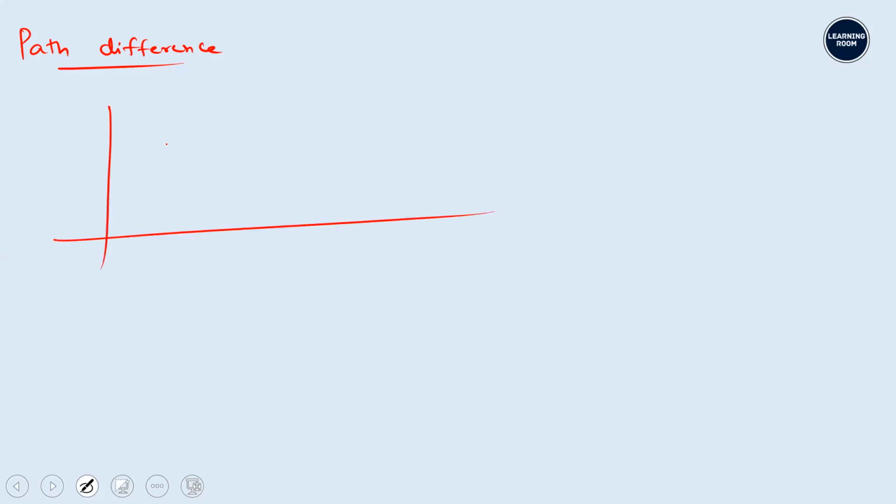Suppose I have a wave, where I can take the x-axis to be either in terms of angle, or in terms of wavelength, or in terms of time. If I take it in terms of angle, then this angle will be 0, this is pi by 2, this will be pi, 3 pi by 2 and 2 pi.